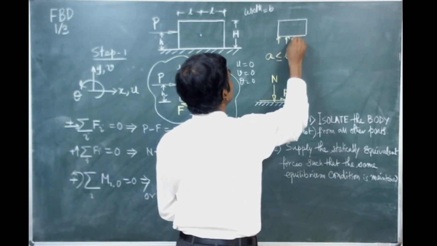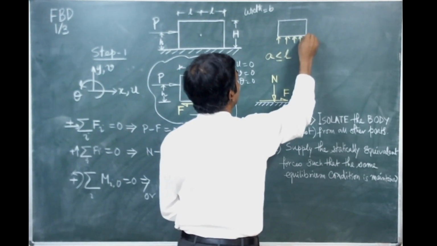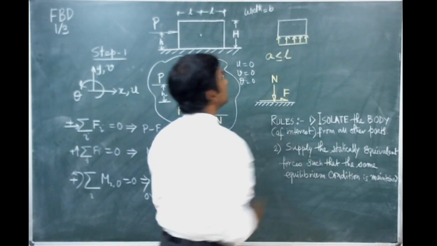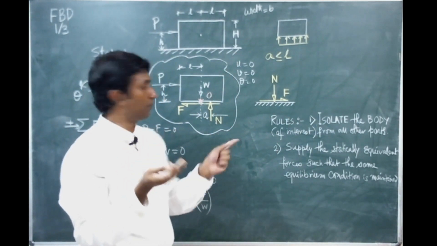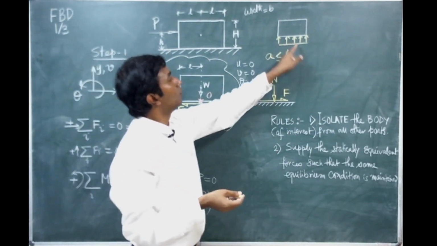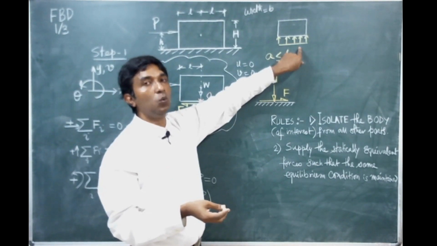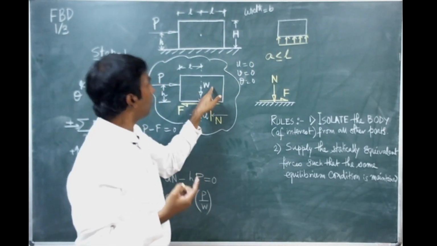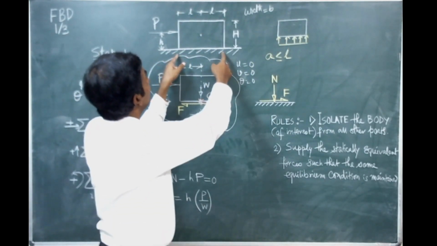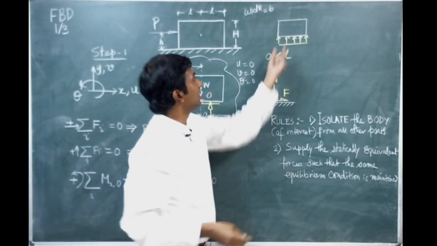In the case where you do not have any P, this is uniform, so you get a uniform normal reaction. I am talking about only N. How much is the value? Weight divided by the contact area, that means W over 2L times B. That is the intensity.